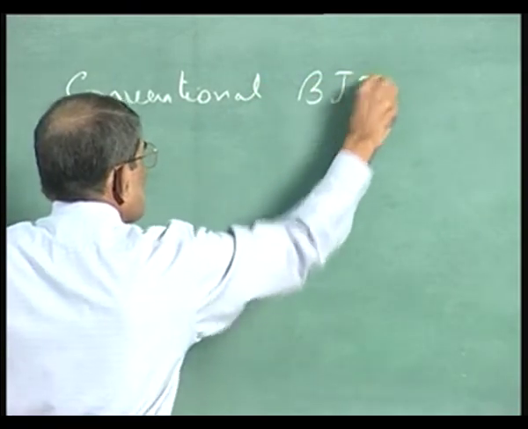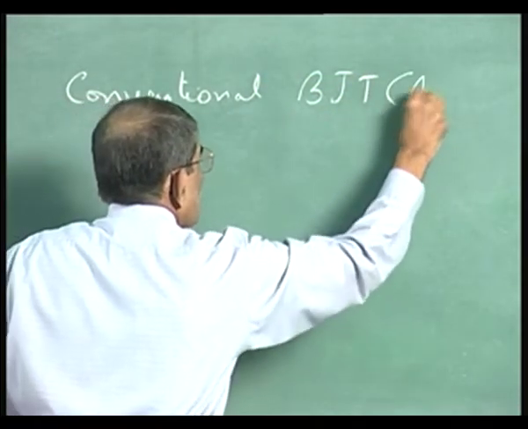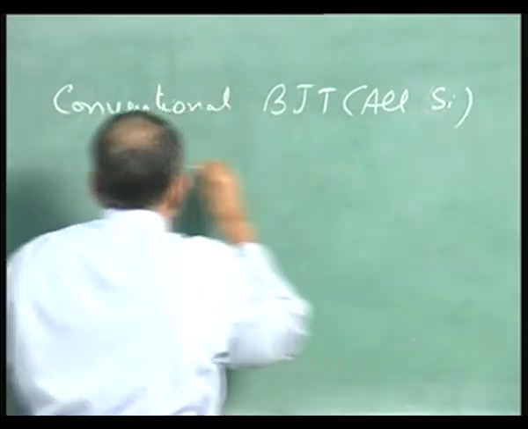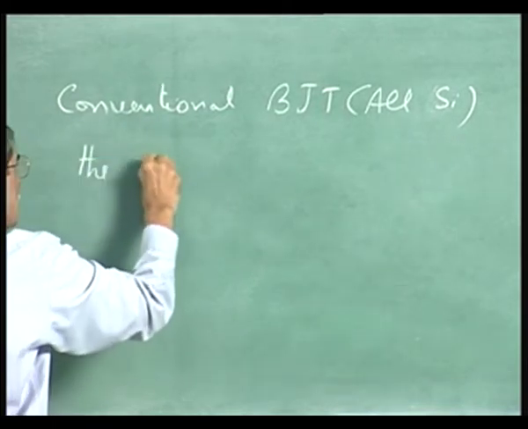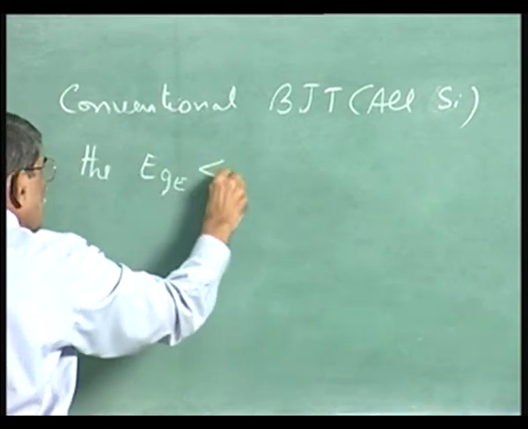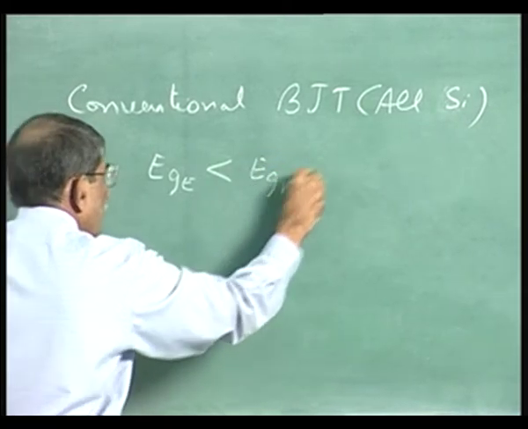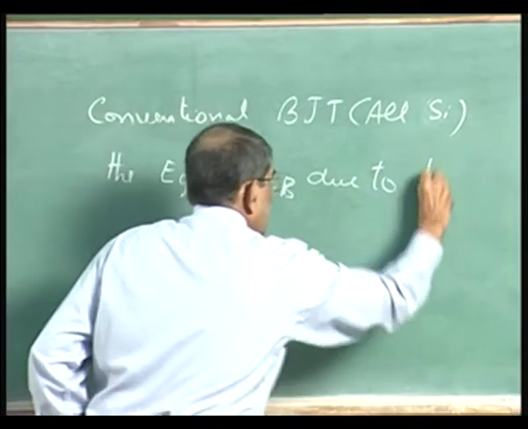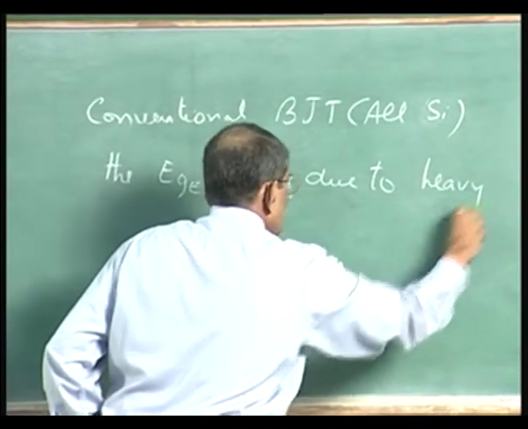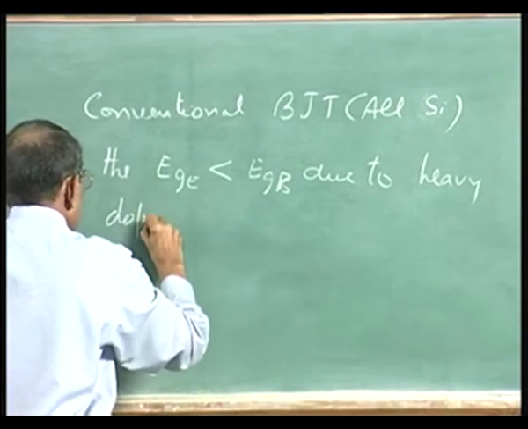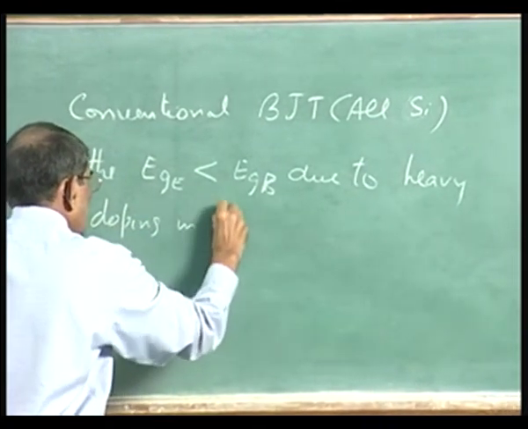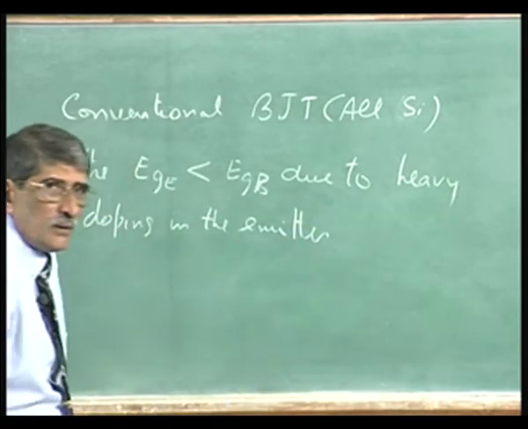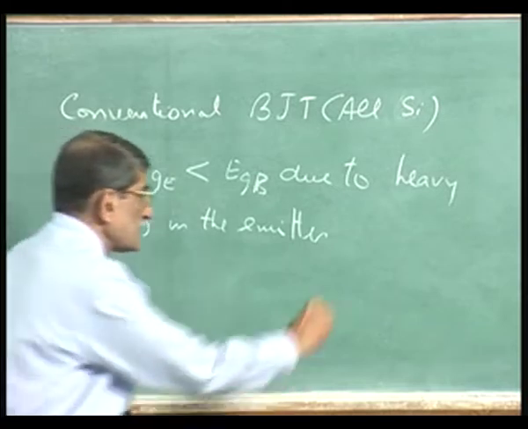The reason, I just want to point out, because we are just in a conventional BJT, silicon, all silicon. The Eg of the emitter is less than the Eg of the base, due to heavy doping in the emitter. Just to point out what it is, just draw the energy band diagram.